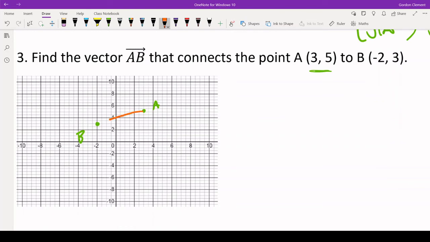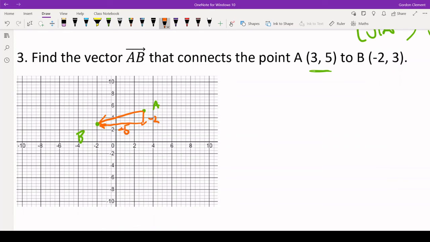So I want this vector. And I have to think, if this vector moved down to the origin, where would it end up? It is going down from 5 to 3, so it's going down 2. And it's going from 3 to negative 2, so it's going left 5.